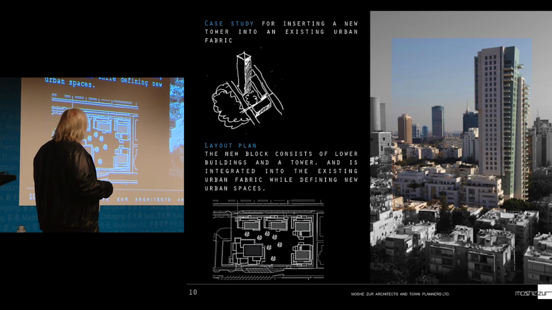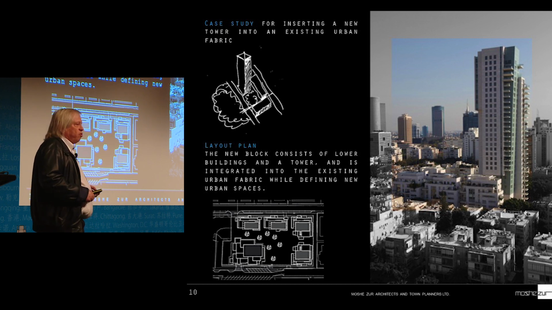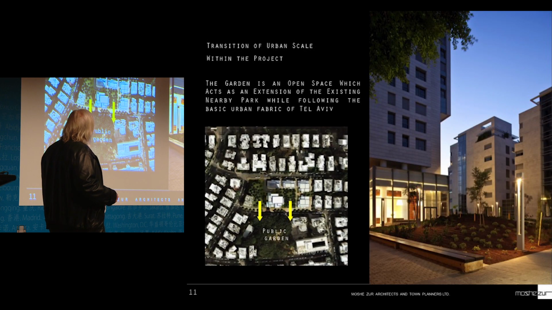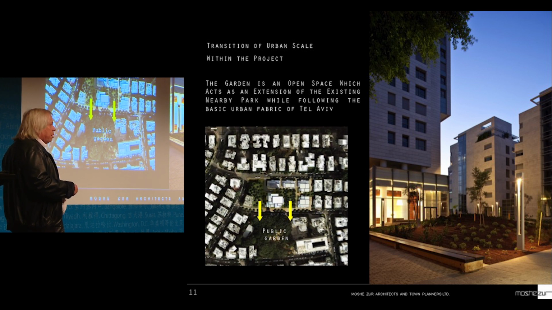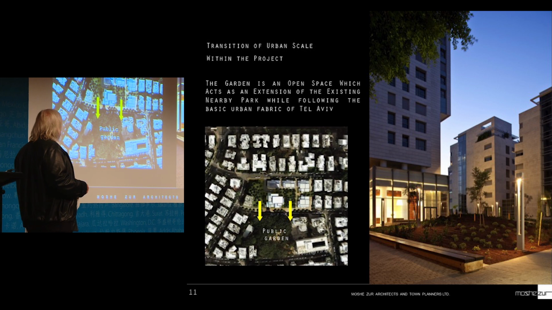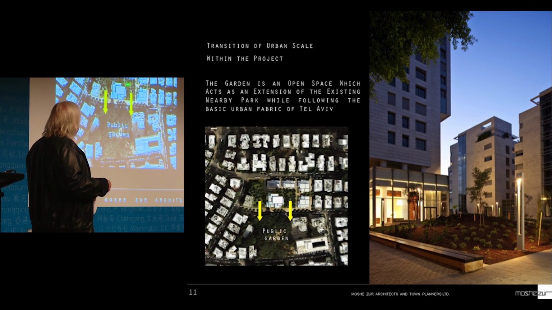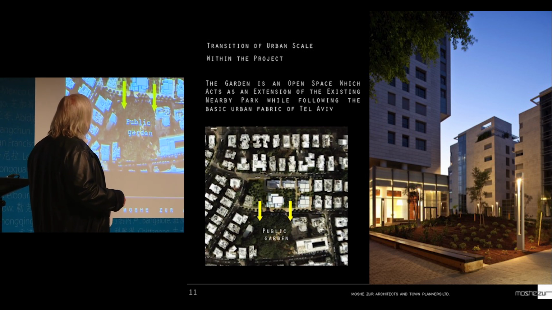And then this low-rise building defined an inner garden, which is both public and private. This garden is a continuation of the big public garden south of this project and continues together. It supplies the public opportunity to cut through the project and go to the public garden and on. In the middle of this garden, we've located the high-riser.